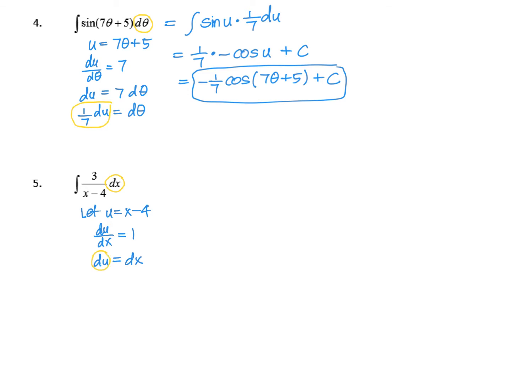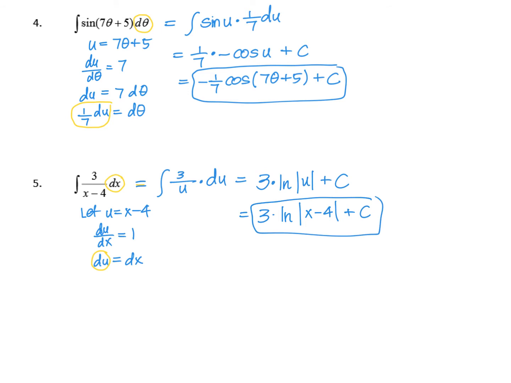And then this denominator, x minus 4, will be replaced by just u. So here we have the integral of 3 over u, and then dx is replaced by du. That's nice. So the integral of 1 over u is natural log of the absolute value of u plus c. And so here we have 3 times natural log of the absolute value of x minus 4 plus c.